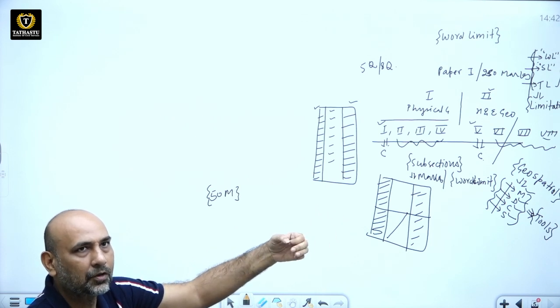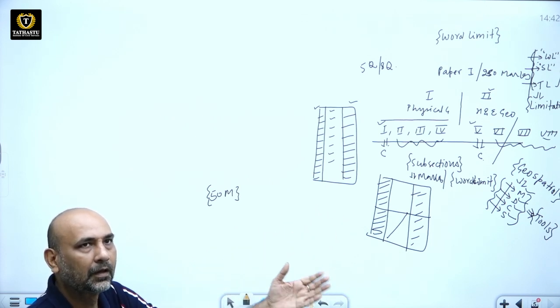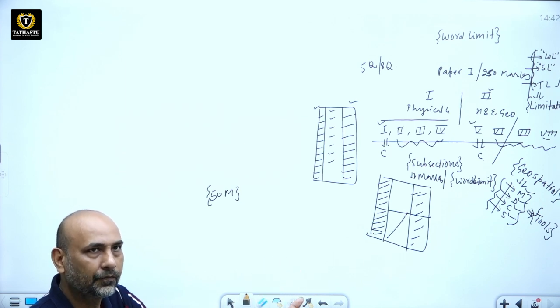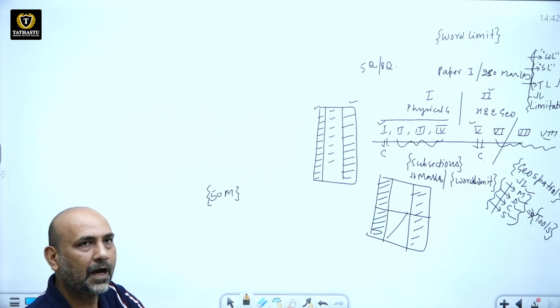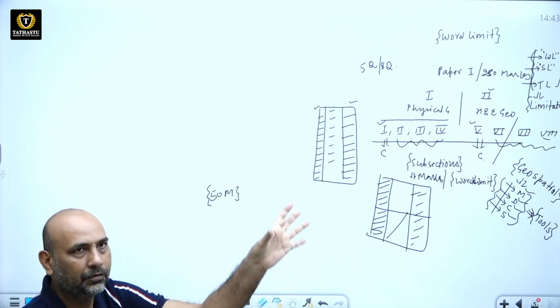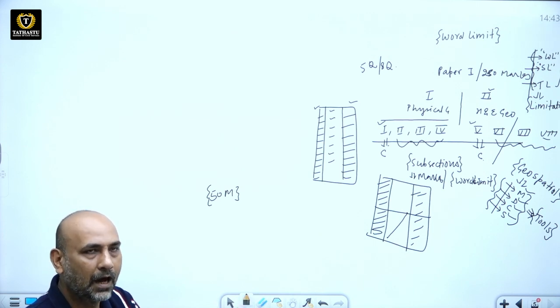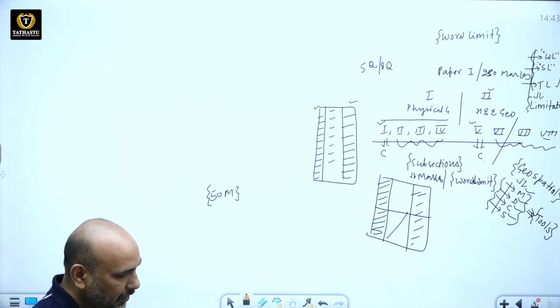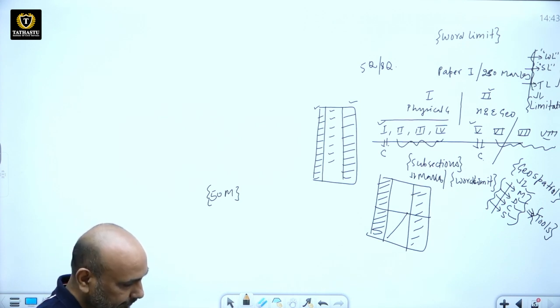For questions of 10 marks, they give nearly 2 pages. For 15 marks, nearly 3 pages. For 20 marks, nearly 4 pages. So within the specified pages, we need to write our answer, combined with suitable maps, diagrams, charts and sketches.